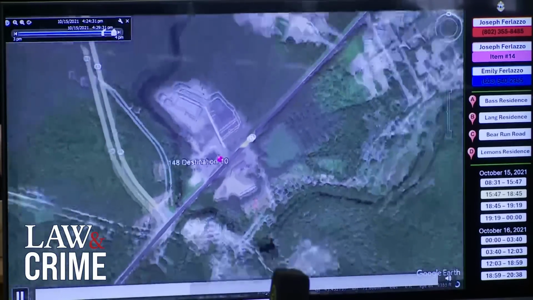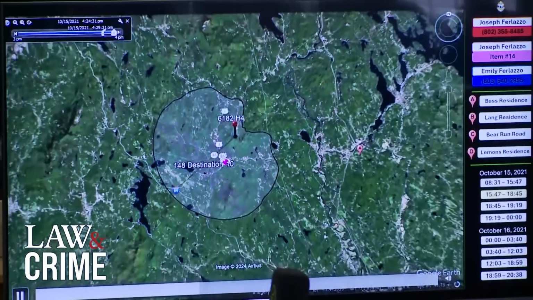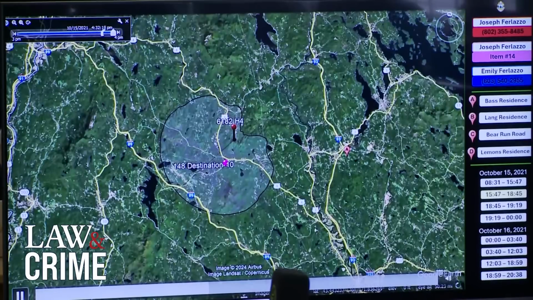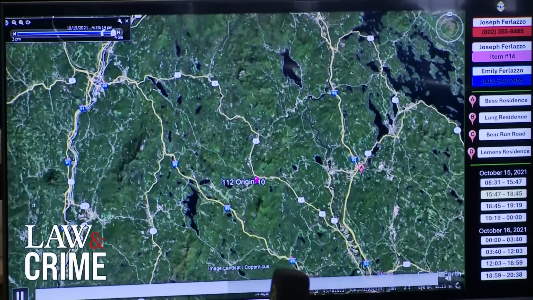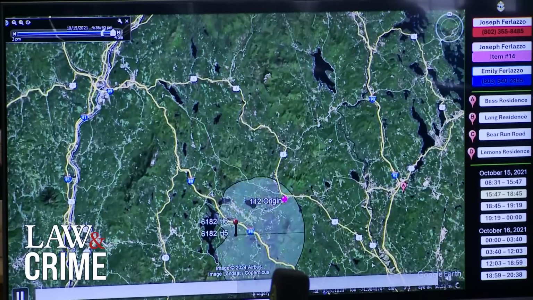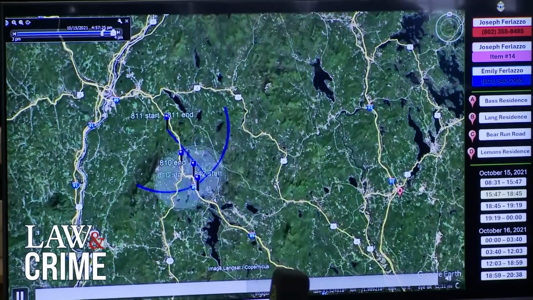As I continued with my analysis, I watched that cell site usage continue to change. It was a clear pattern of movement between both devices as they started to move to the west. There was a trip that was started on item 14, and then I saw the cell site usage reflect that those devices were moving in the same pattern of travel.